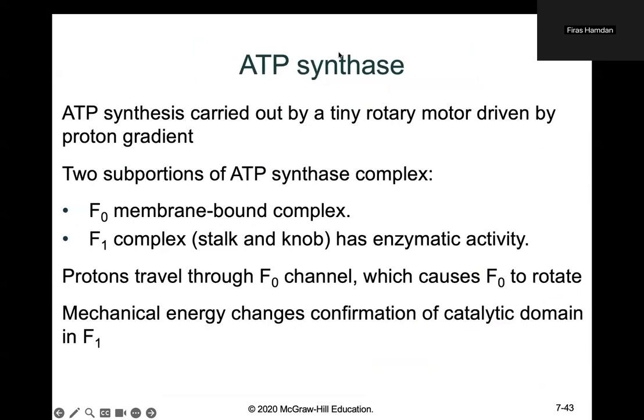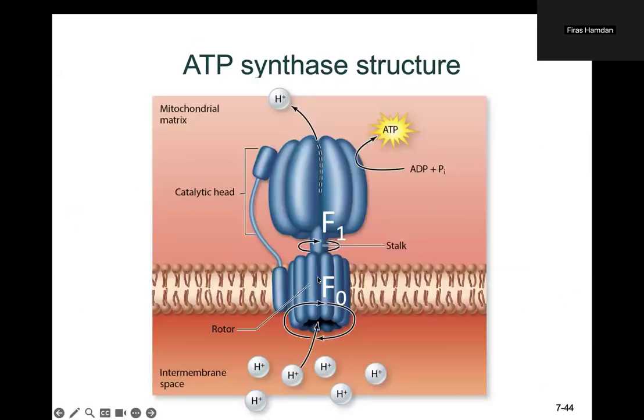ATP synthase, as I said, is made of two different subportions. You have the F0, which is your ion channel. This channel is embedded in your inner mitochondrial membrane, and it allows the hydrogens to pass through.